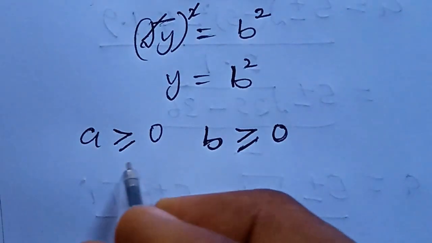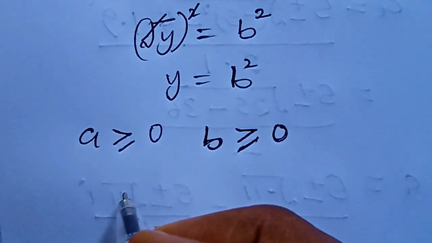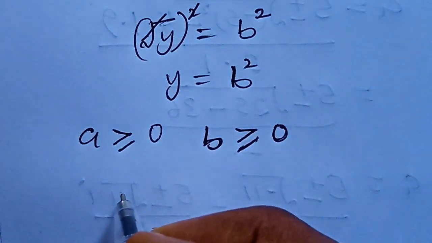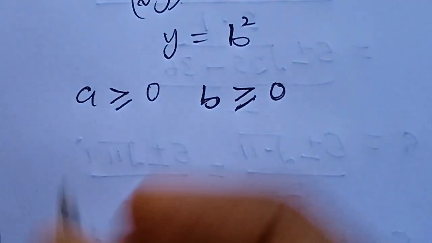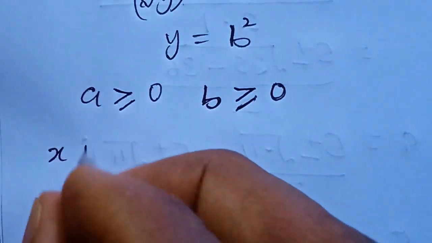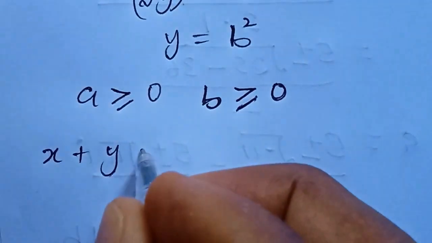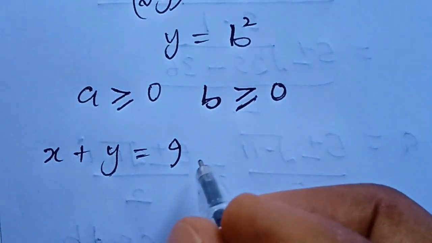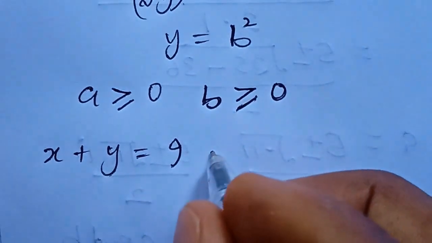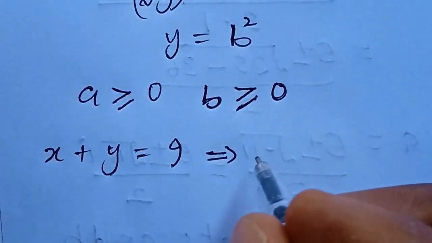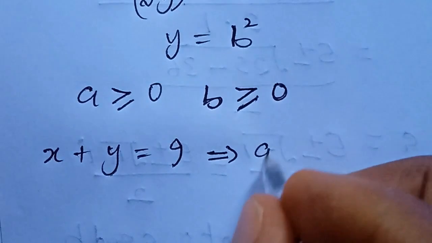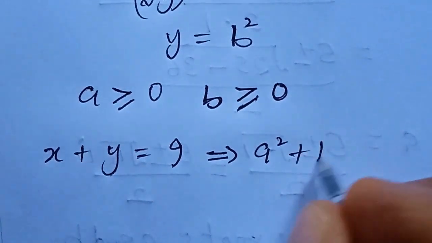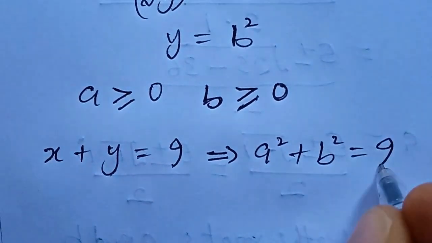From here, we can now rewrite the terms for a and b. So here we have x plus y equal to 9, which is from our equation 1. This is transformed to a squared plus b squared equal to 9.